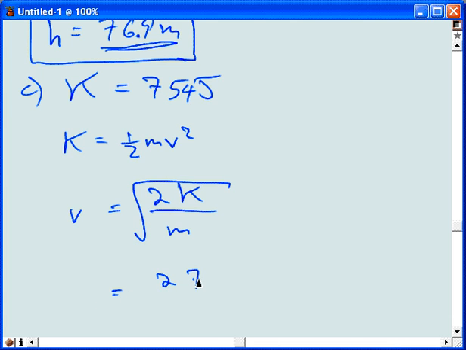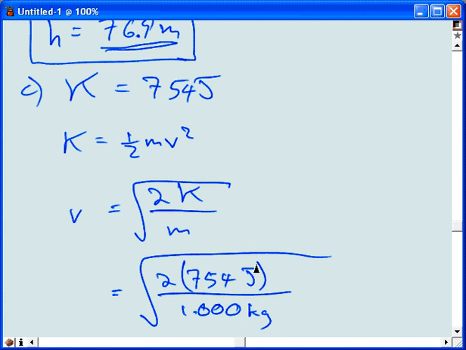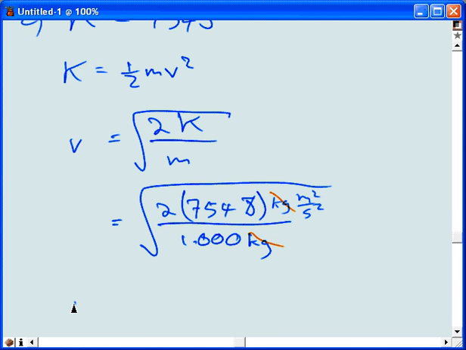It's equal to 2 times the 754 joules divided by 1.000 kilograms. A newton meter is kilogram meter per second squared times meters, or kilograms meters squared per second squared. The kilograms cancel out, and I'm left with meters squared per second squared under the radical, which yields meters per second for the final result, which is good because it's supposed to be a speed.